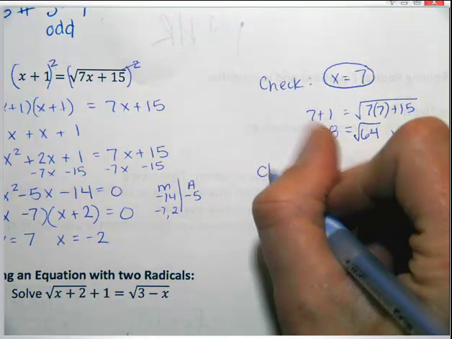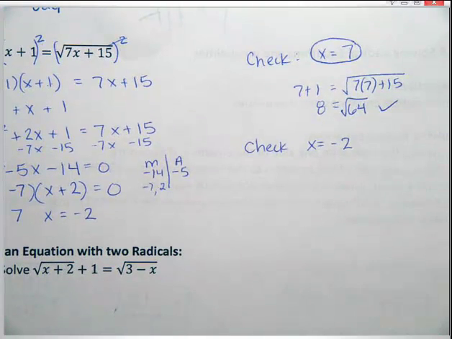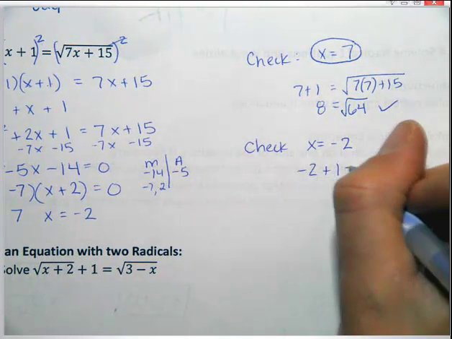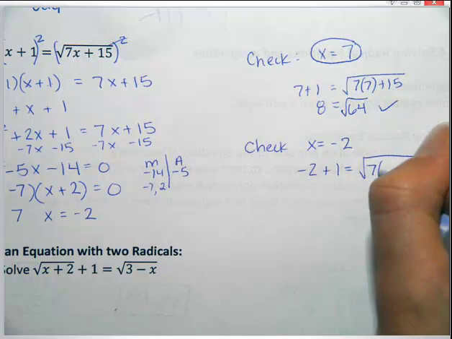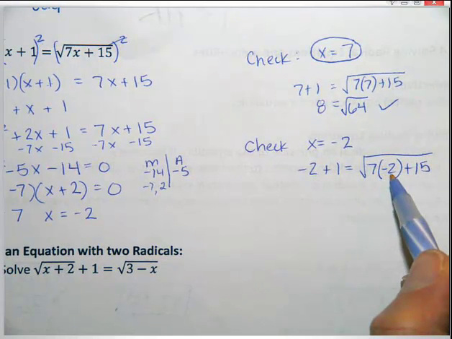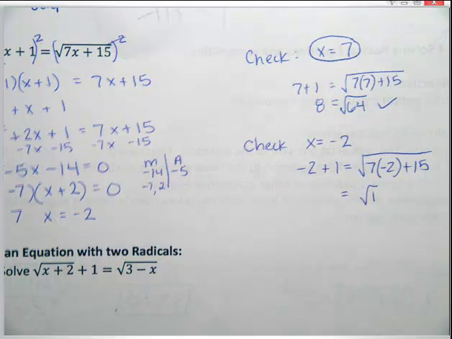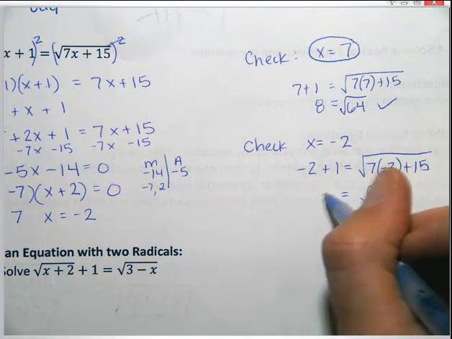Now I'm going to check x equals negative 2. So negative 2 plus 1, and then the square root of 7 times negative 2 plus 15. So we have 7 times negative 2 is negative 14, plus 15 is 1. And then negative 2 plus 1 is negative 1.